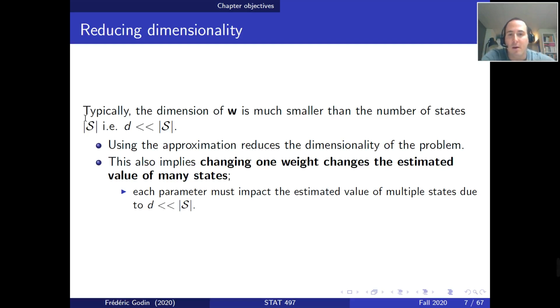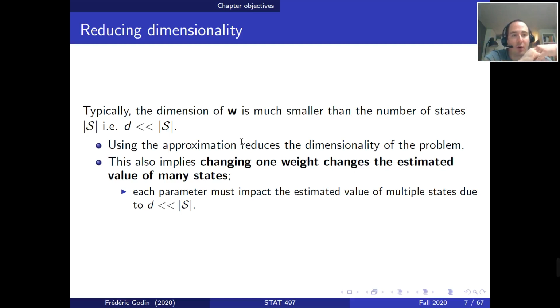But the dimension of the parameter vector is much smaller than the number of states, so we have much less parameters to learn, and this makes the problem much more tractable in practice. Okay, so using approximation methods for the value function will reduce the dimensionality of our problems because we have less information to learn.